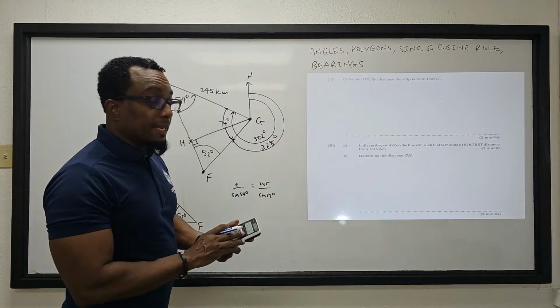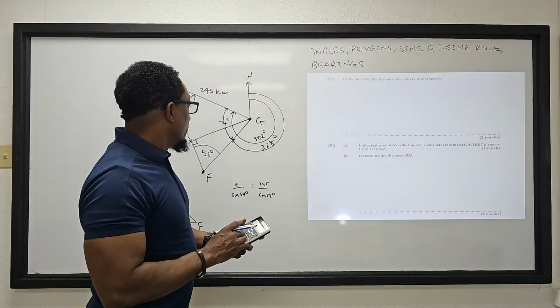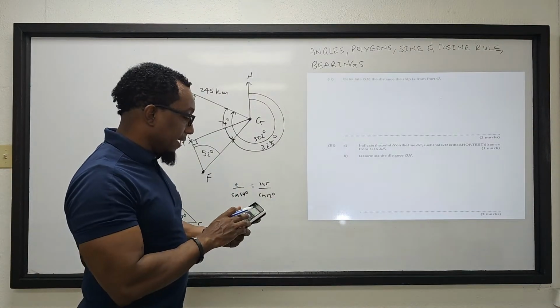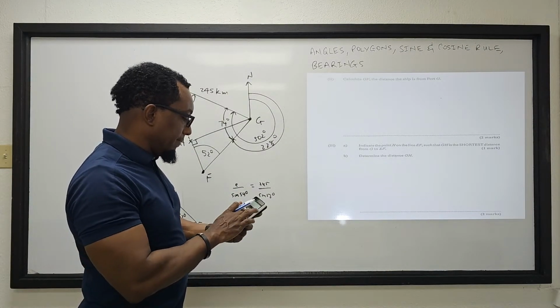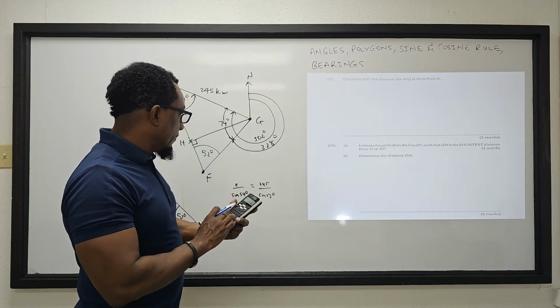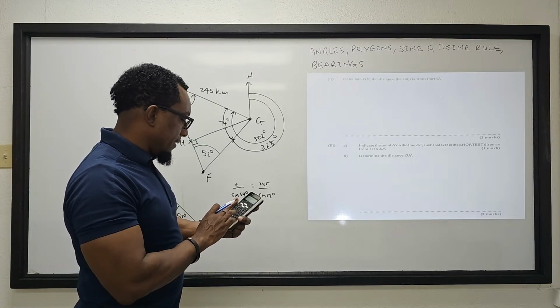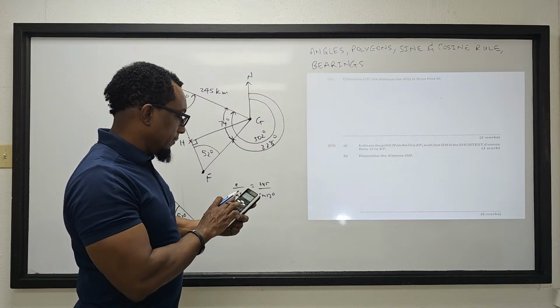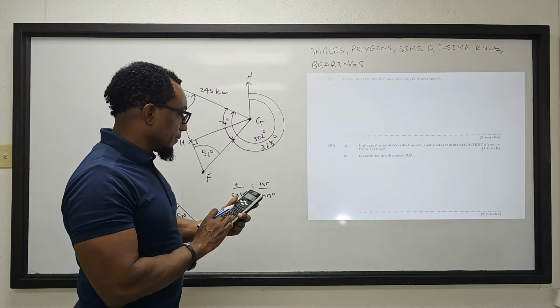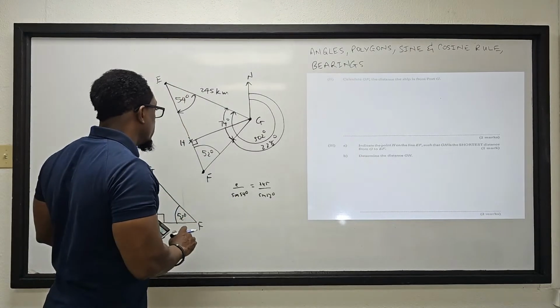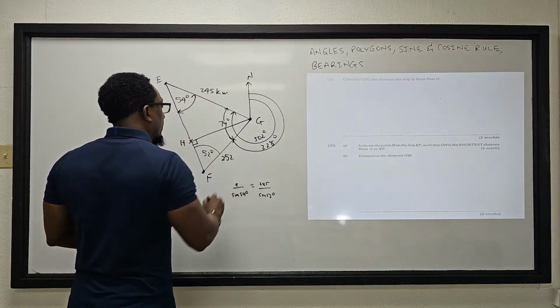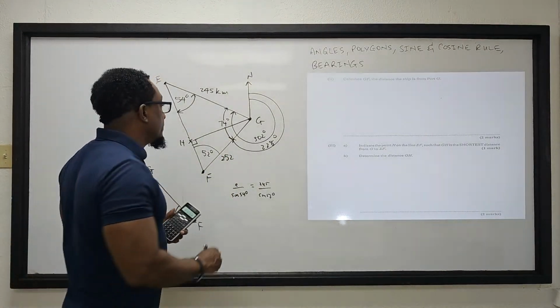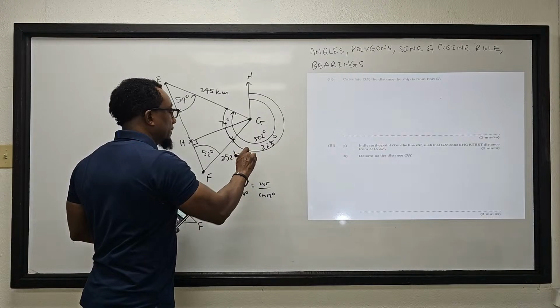I forgot to write it on the diagram, but let me work it out quickly. 245 multiplied by sine 54 divided by sine 52. Right, I think it was 252. To three significant figures, 252 kilometers.